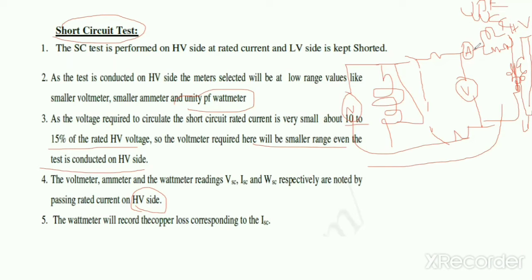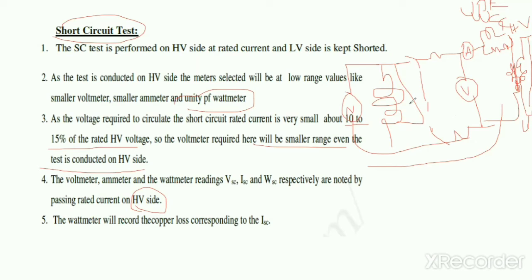After the ammeter reads the rated current, we note down the VSC, ISC and WSC values.